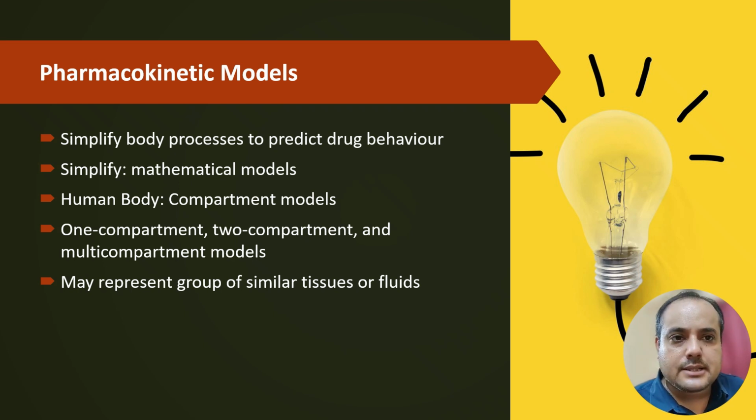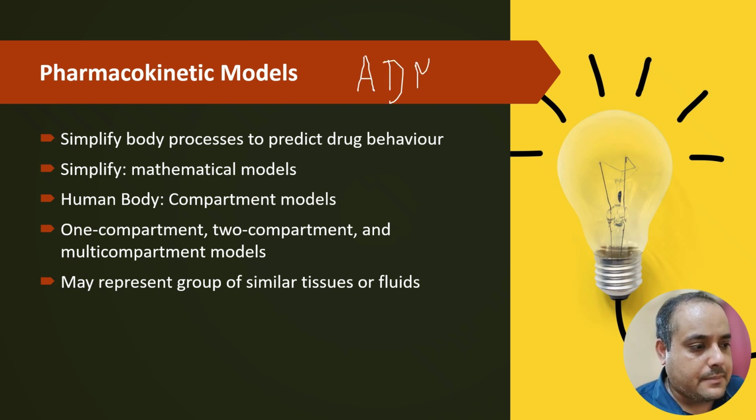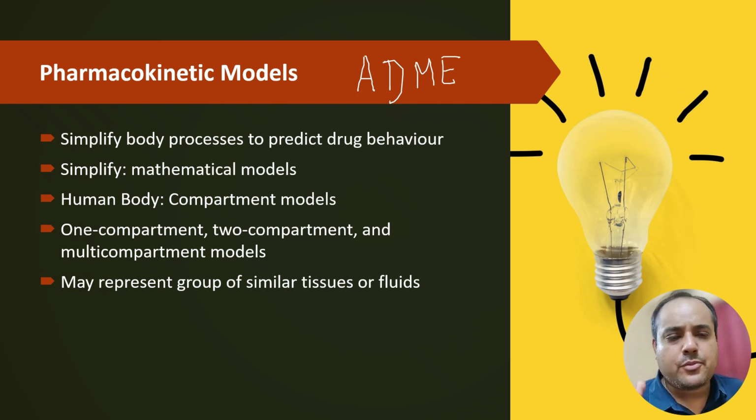So now let us come to the pharmacokinetic models. What we have studied so far is that classically pharmacokinetics has 4 components, the same old mnemonic of ADME. These 4 processes are occurring continuously.